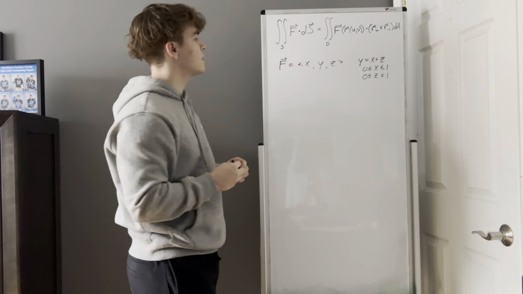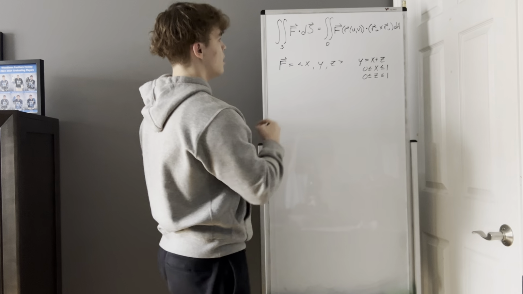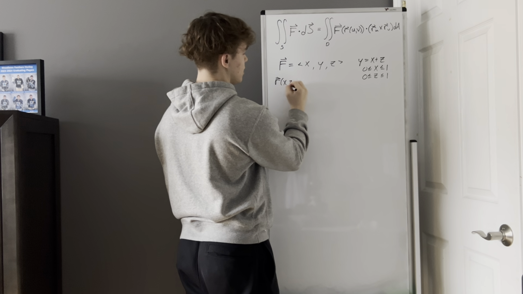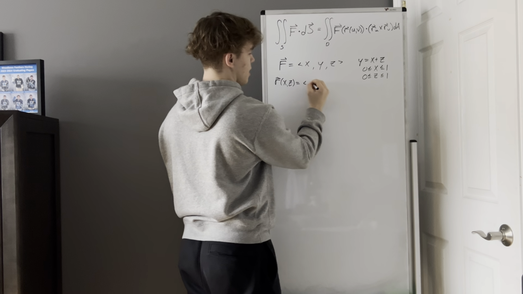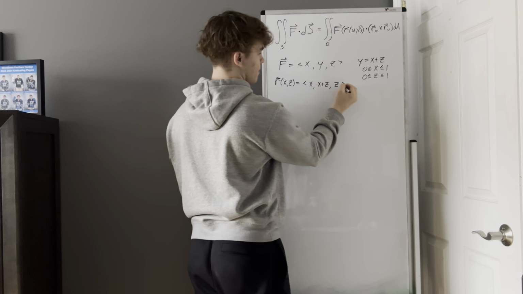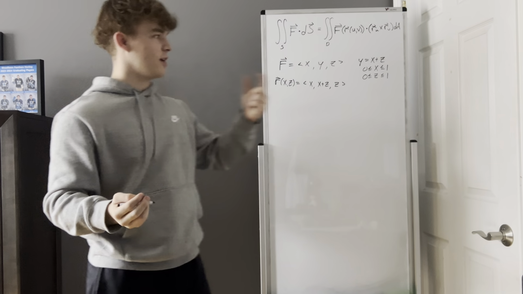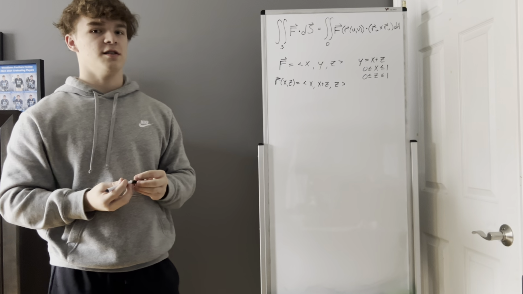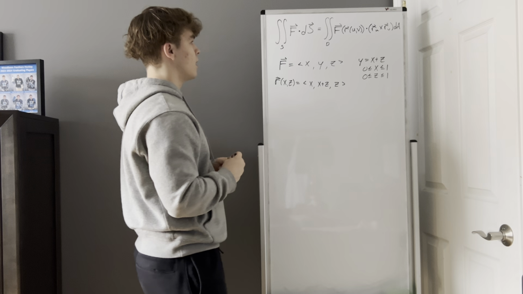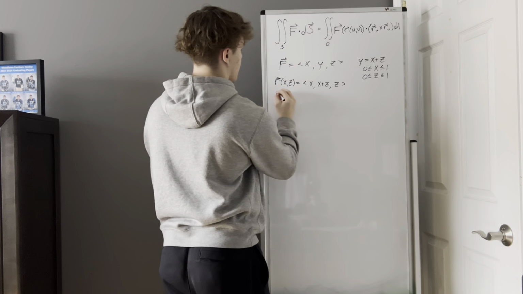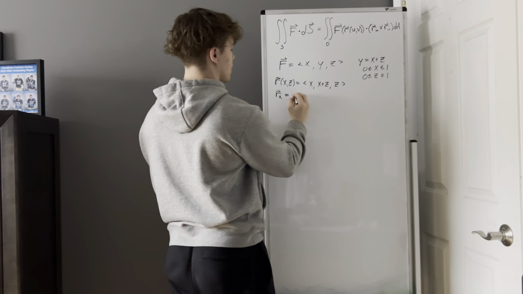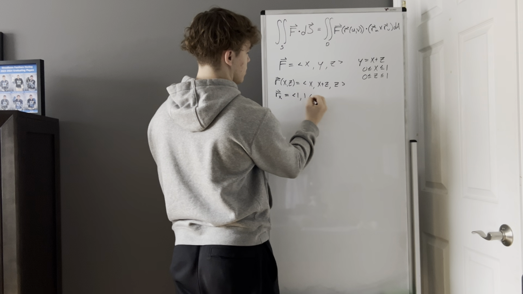So let's figure some things out. Our r of x and z is just going to be x, x plus z, z, because we have an explicit function of x and z, so we can just plug that in for y. Let's find the partial derivative of r with respect to x. This is going to be 1, 1, 0.